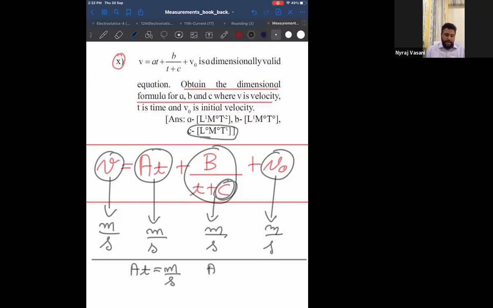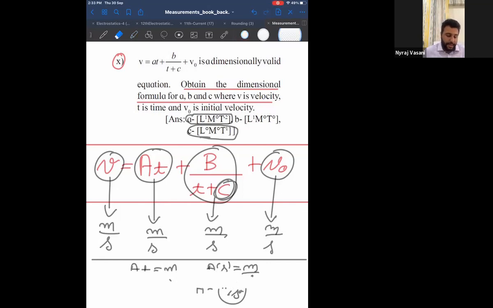A into T is second, equal to meter per second, or A is nothing but meter per second square. Meter per second square is nothing but L1 M0 T minus 2. Therefore, I got the dimension of A and I got the dimension of C.